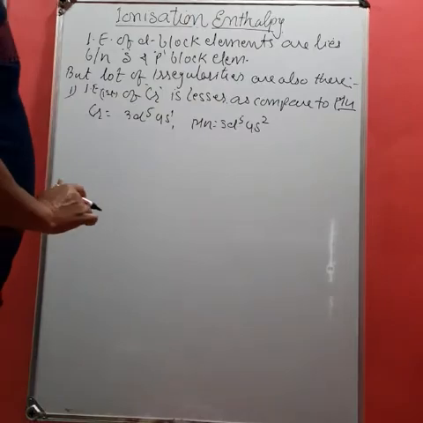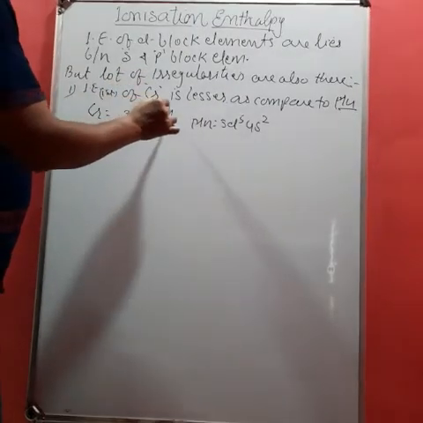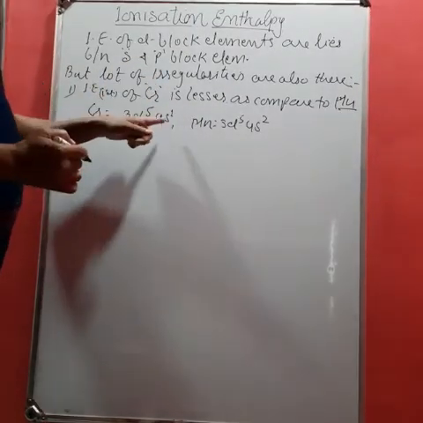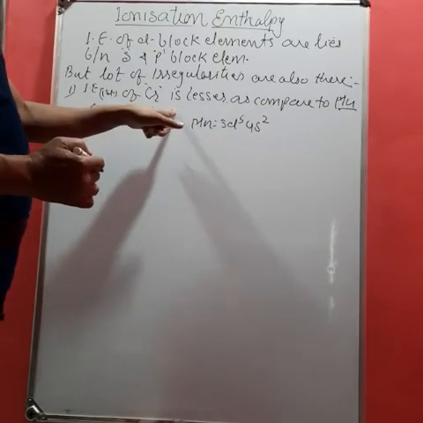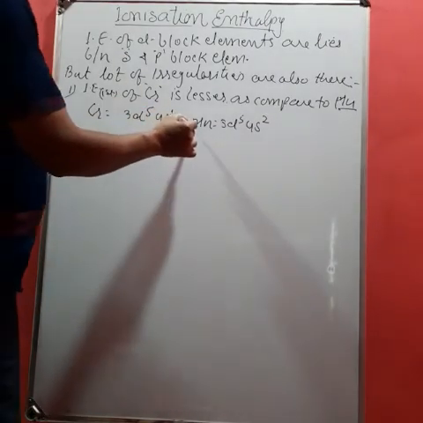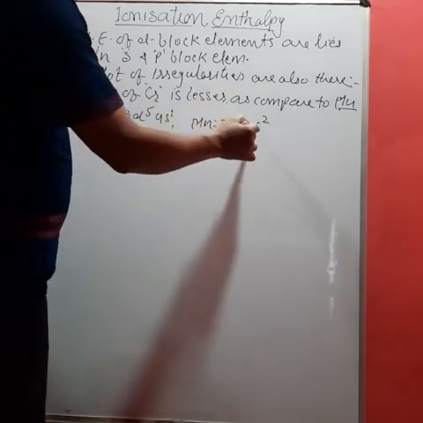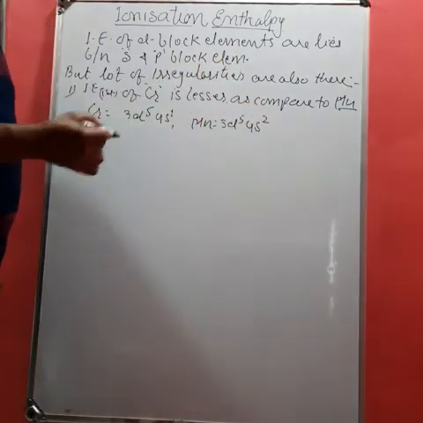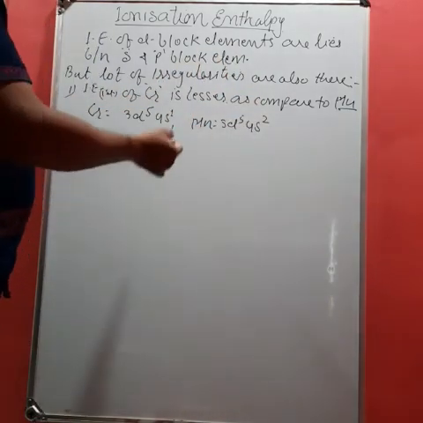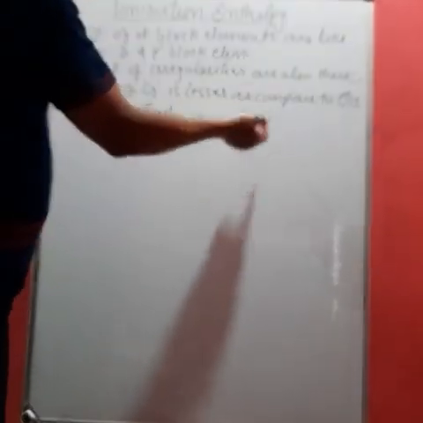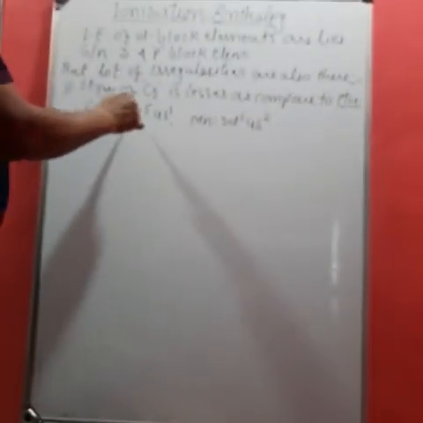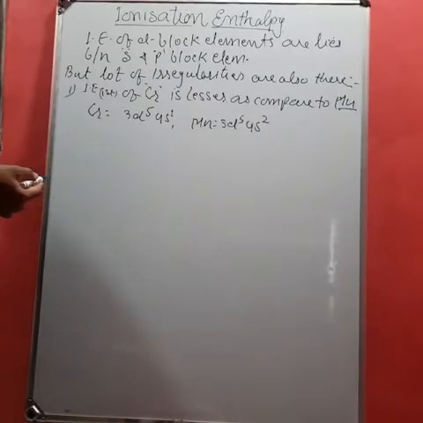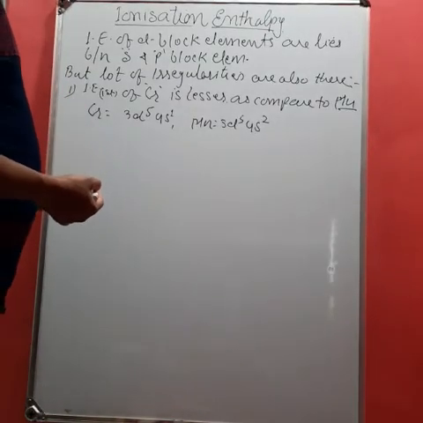Obviously, you can check here. The last electron is in the s subshell and unpaired in Cr, while in the case of Mn, the last electron is in the s subshell and is paired. Therefore, its ionization enthalpy is higher as compared to chromium. Isn't it?